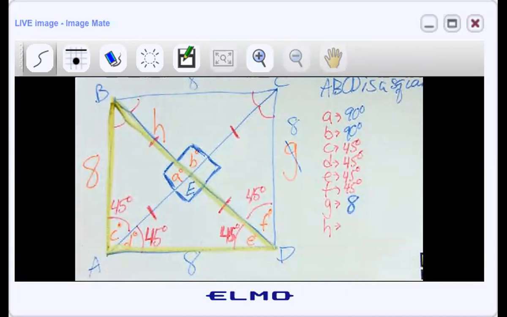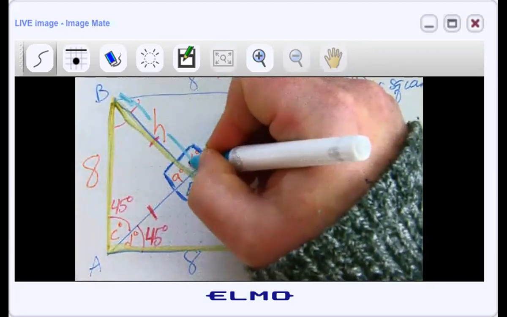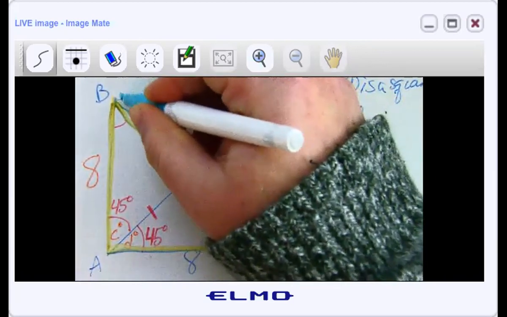Olivia, you're so close. Remember, what would H be? You're looking for just H. H is supposed to just be from B to E. So just this piece right here, not the whole thing.